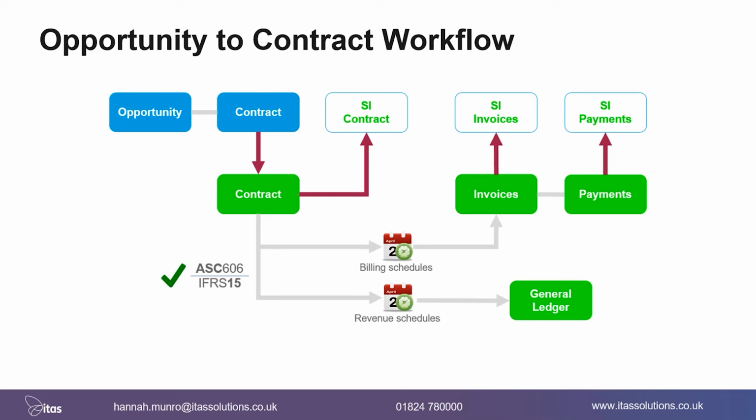But the flow from a Salesforce perspective is that from an opportunity, you would add your items onto that opportunity, and then you press a button and create a Salesforce contract. On that Salesforce contract, there is a button that will allow you to create a contract within Intacct with all of the relevant revenue recognition and billing schedules.